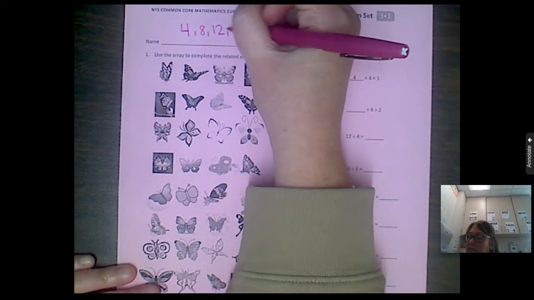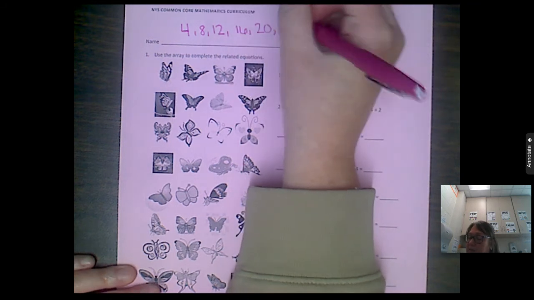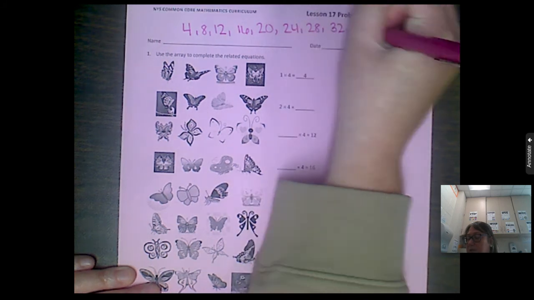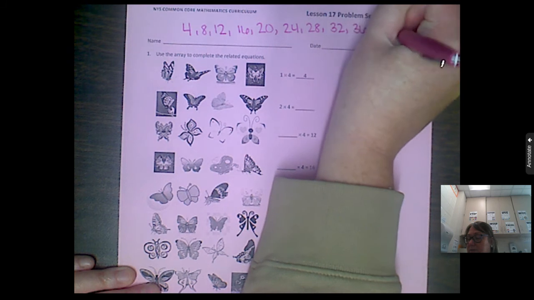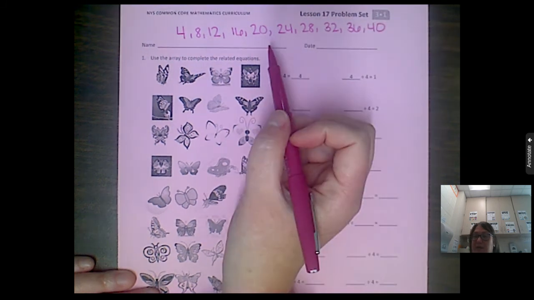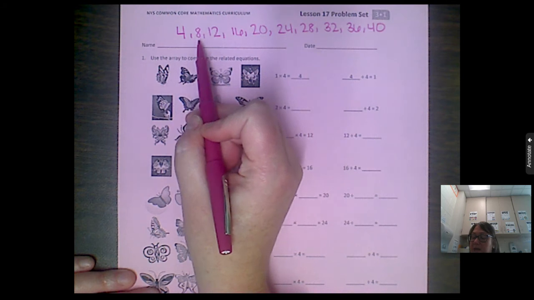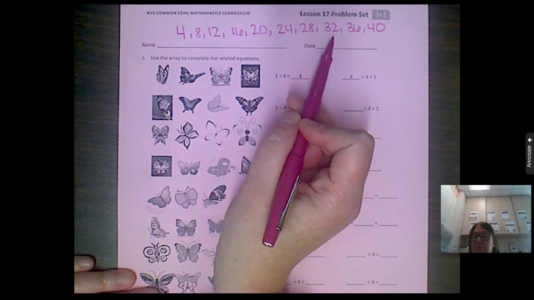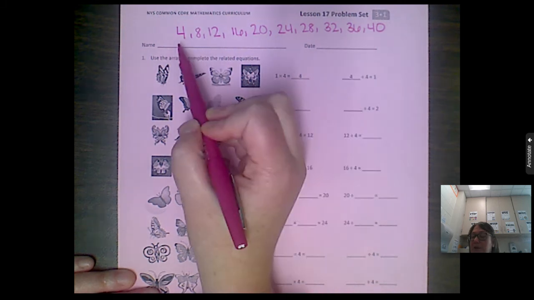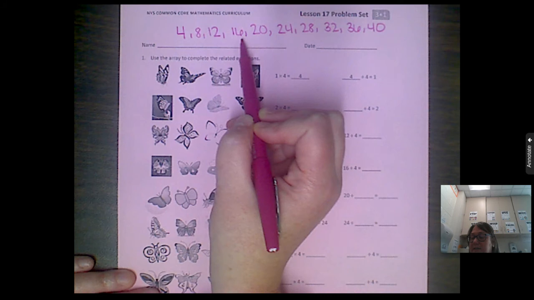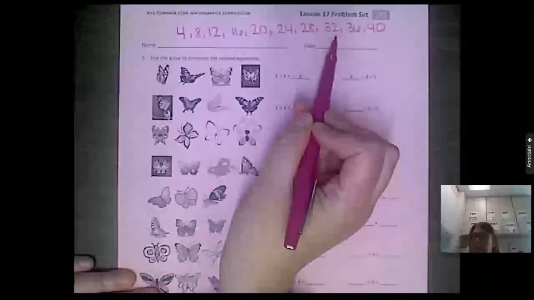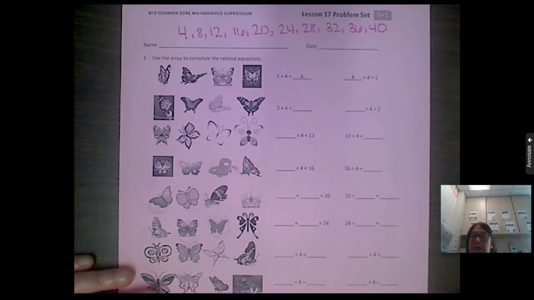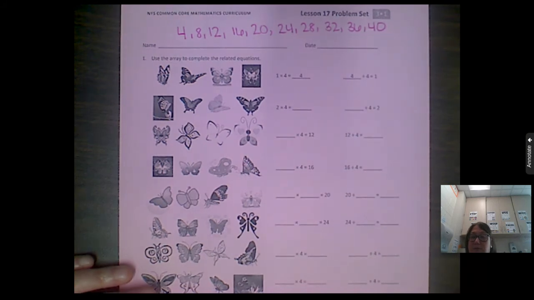So 4, 8, 12, 16, 20, 24, 28, 32, 36, 40. Once you have it written, chant it with me. 4, 8, 12, 16, 20, 24, 28, 32, 36, 40. Practicing those every day will really help you with your multiplication facts for 4s, okay?